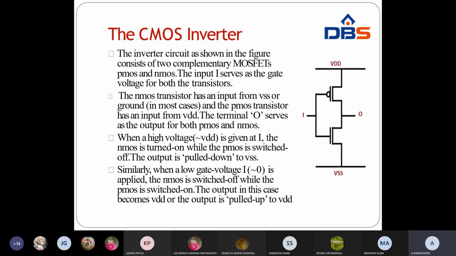Those two transistors are combined, and a common input is applied to both the devices.